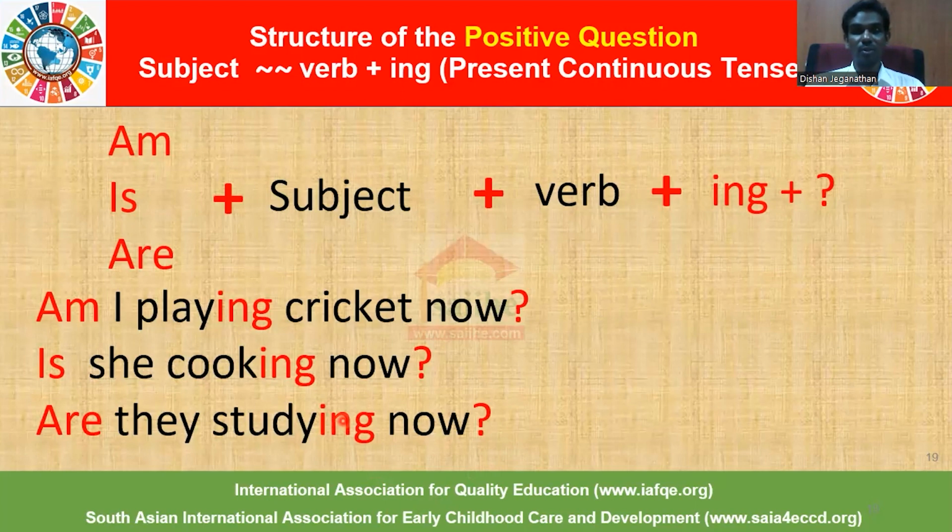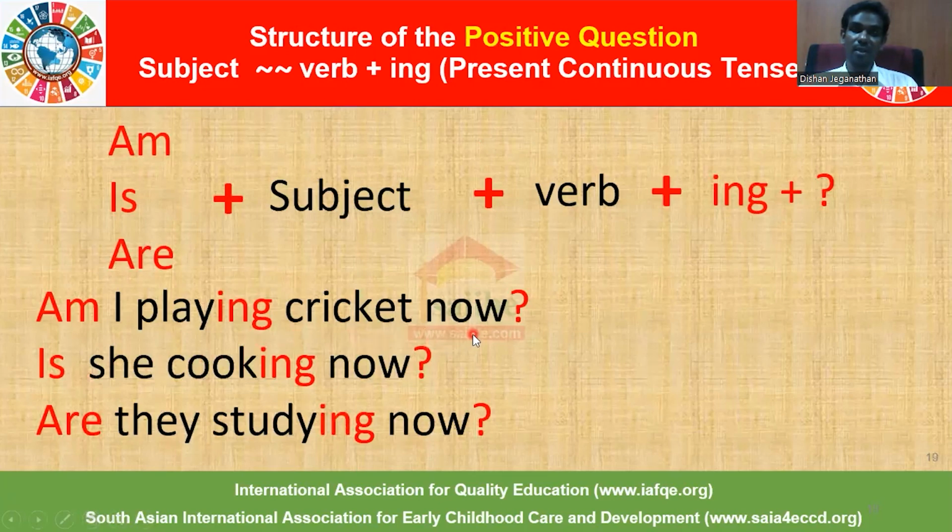One thing we need to notice is the difference between a sentence and a question: in questions, the subject comes after am or is or are, whereas in a sentence, positive or negative, the sentence begins with a subject.